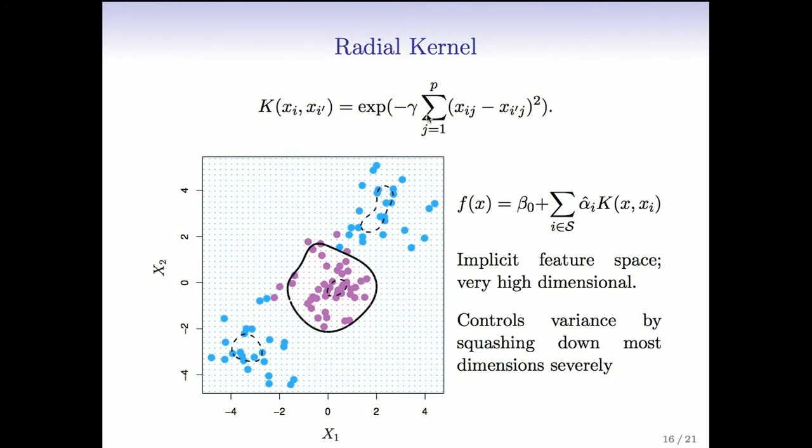So if gamma is really large, it's like having a small standard deviation, and you get much more wiggly decision boundaries. Whereas if gamma is small, the decision boundaries get smoother. So we're going to take this machinery in the next segment and look at an example.